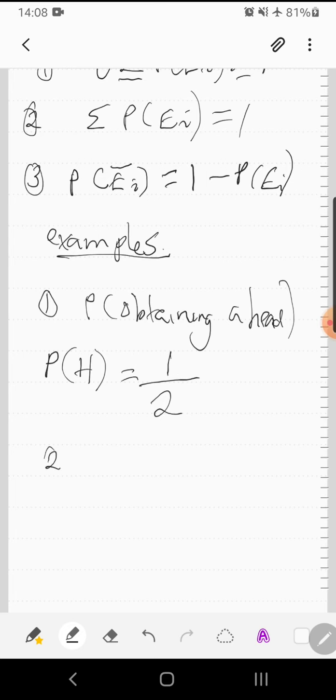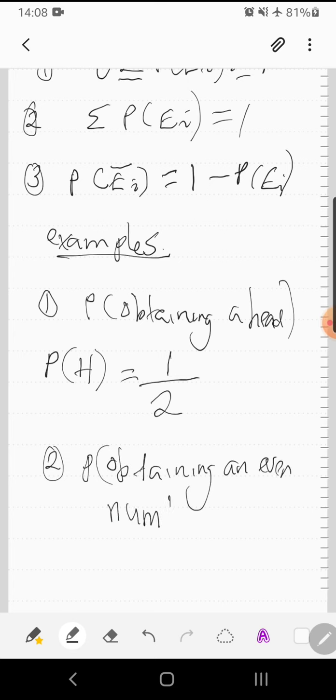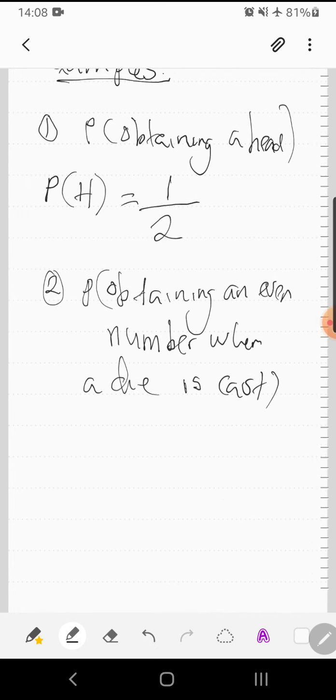Okay, so for the second one, let's have the probability of obtaining an even number when a die is cast. I'll just shorten it as even number.